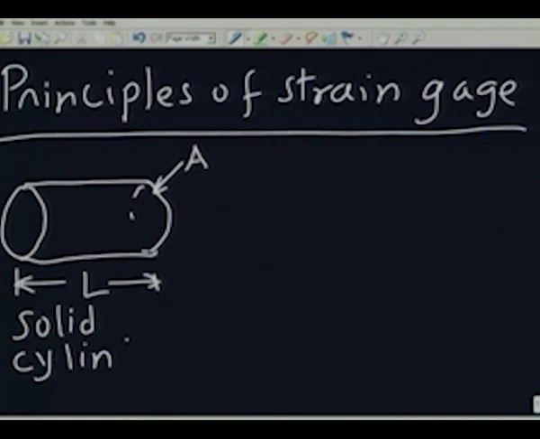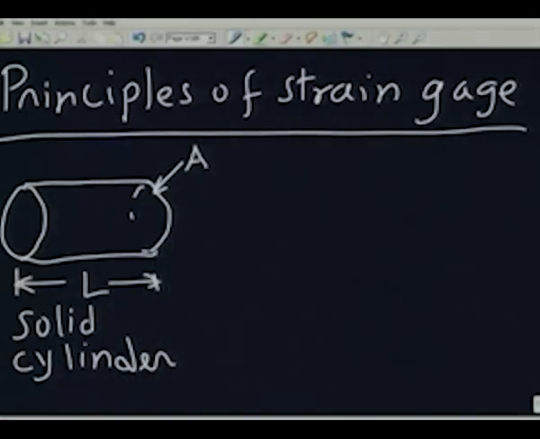Now, let us assume that it is subject to some changes or some strain because of forces acting on it. Okay. So, suppose I stretch the cylinder, I elongate the cylinder by applying a tensile force. So, the length is going to become, in other words, L plus dl.